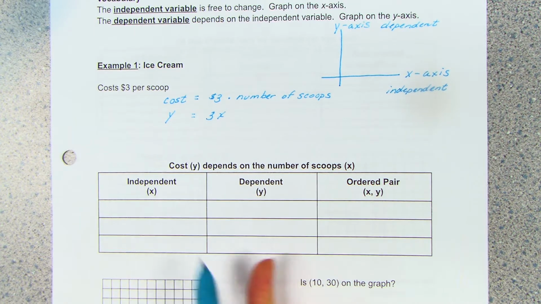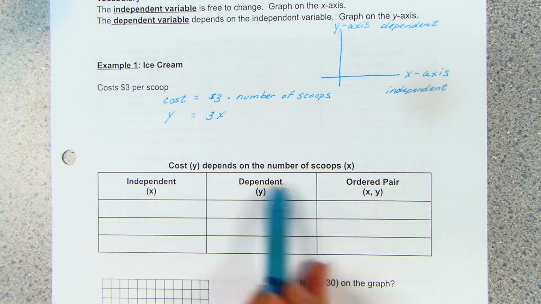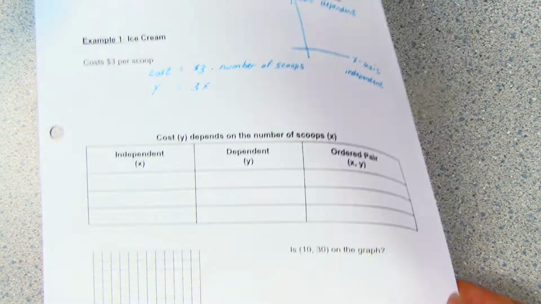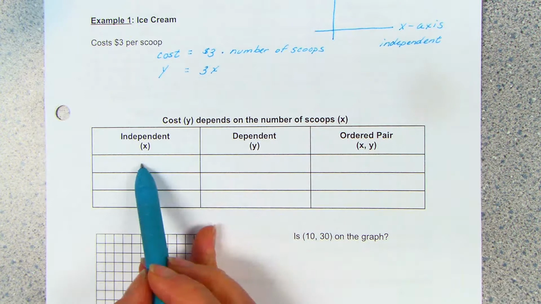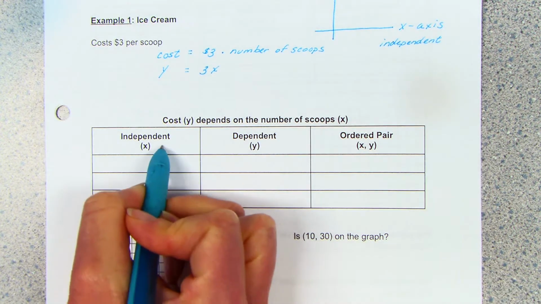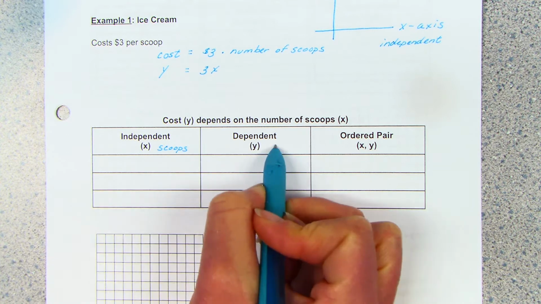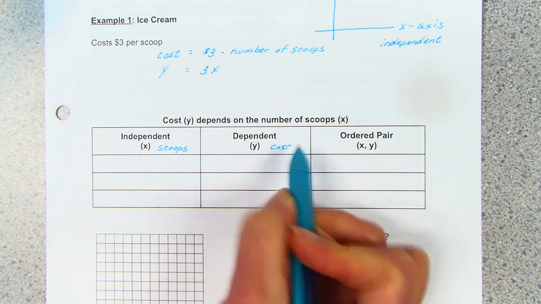Okay? And now I'm going to use a table of values to help generate some ordered pairs, and then I will use the ordered pairs to make a graph. So the first x value that I'm going to use, the x is to stand for the number of scoops, and the y stands for the cost.